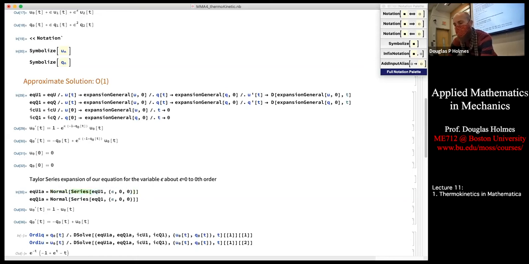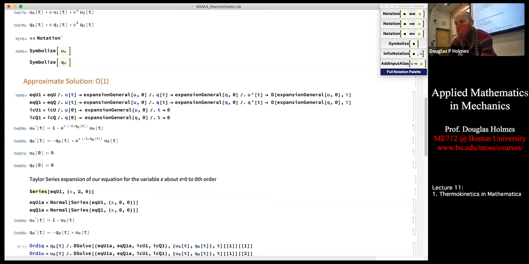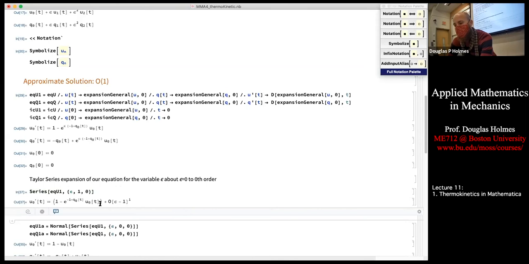So now let's just do this about epsilon, say, is 1. I'm going to pull it out because I don't want to redefine stuff. Let's just see what happens when I change this to 1. This is the part where you can see what's happening. It replaces in your equation this. You go back to Taylor series expansions in multivariate calculus: f of x minus a, where a is the point you're expanding around, and you're telling it which order to take.